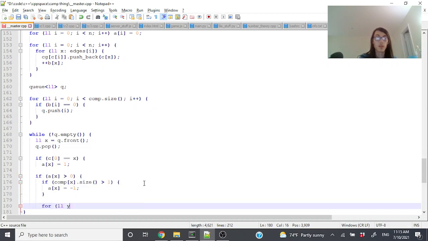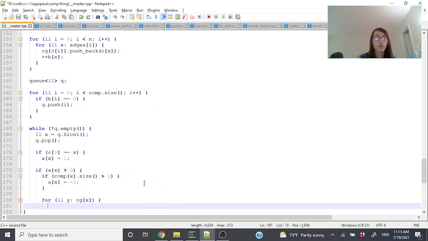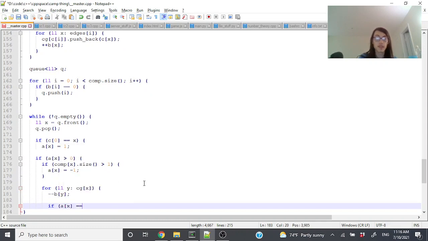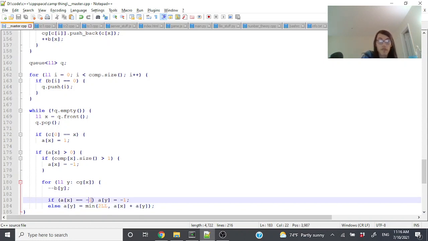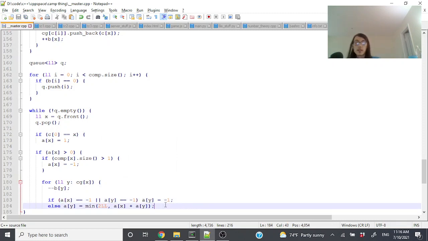Now, for each y in cgx, minus the in degree of y, if ax is equal to -1, ay is equal to -1, else ay is equal to min 2, ax plus ay. Or ay is equal to -1, then do that. Otherwise, there's some number of paths to both of them, so contribute that.